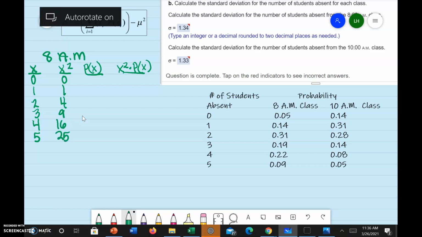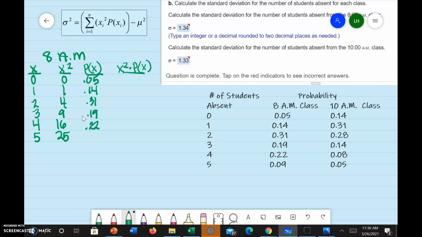Now we're going to copy the probabilities down for 8 a.m.: 0.05, 0.14. Now I just need to multiply x squared times p of x. So I'm going to do that.